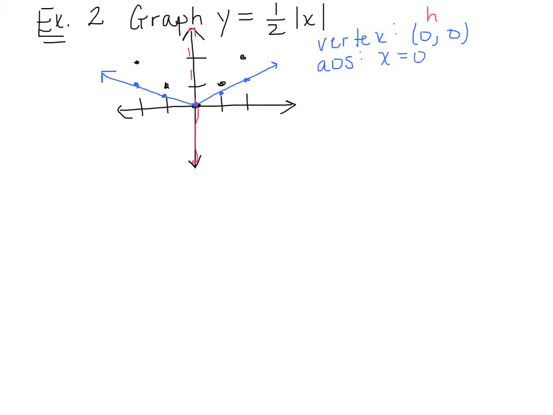Remember, that's H. Domain, still the same. And then my range, it's facing up again. And my K value is 0. It's touching it, so it's always a bracket to infinity.